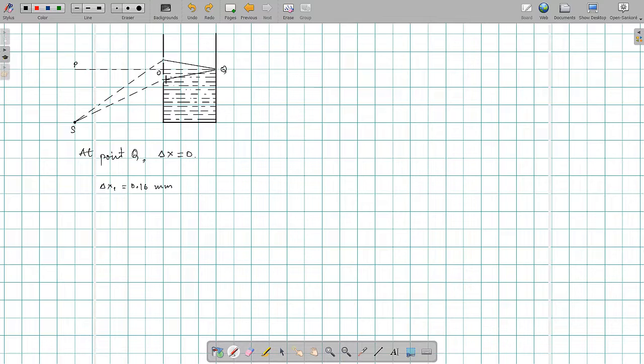So we can find out that the path difference between these two lights, that is delta x2, will be equal to mu minus 1 into T, where T is the thickness of this liquid layer, which is equal to the width of the container, the vessel.